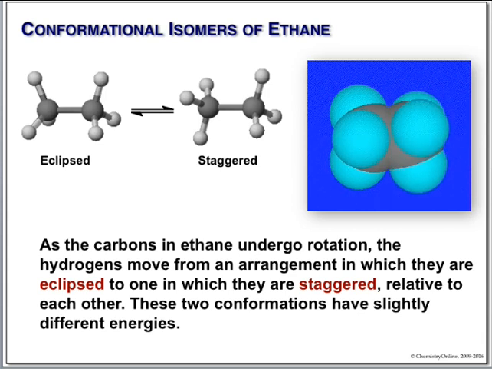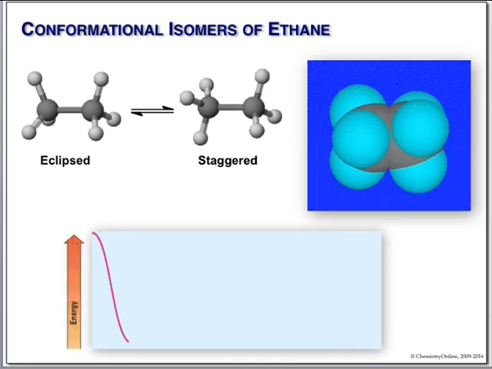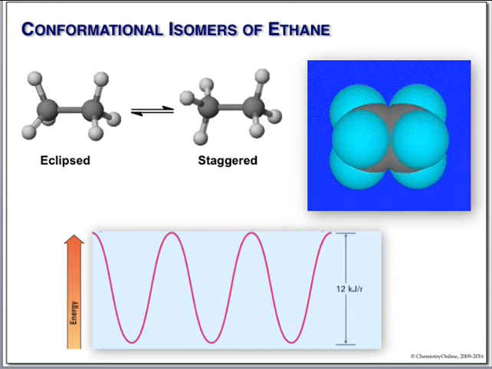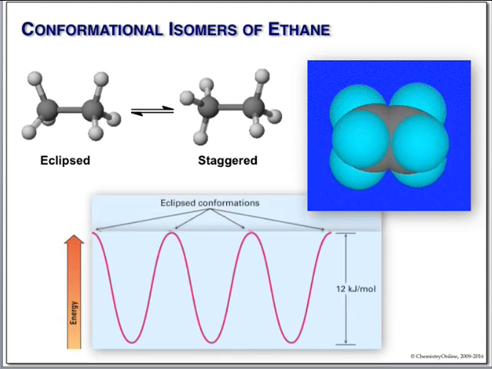So as this bond rotates, the energy of the molecule changes. When they're close, that's the high energy. When they're in between, that's our low energy. These are conformational isomers, which we typically don't worry about. You can't separate these unless you're at very, very low temperatures.